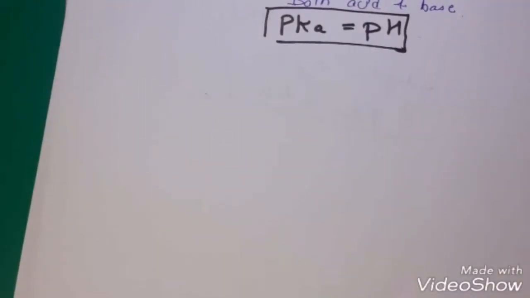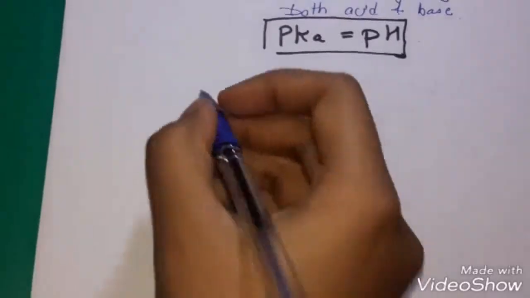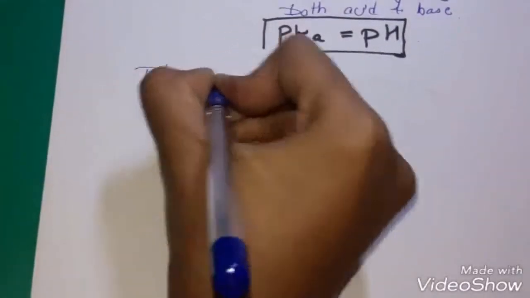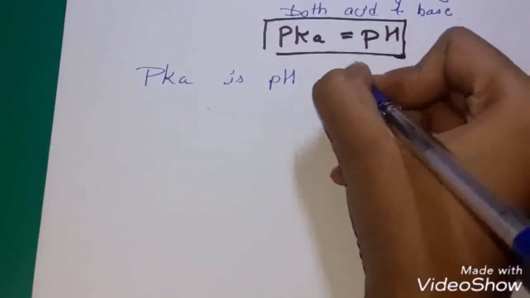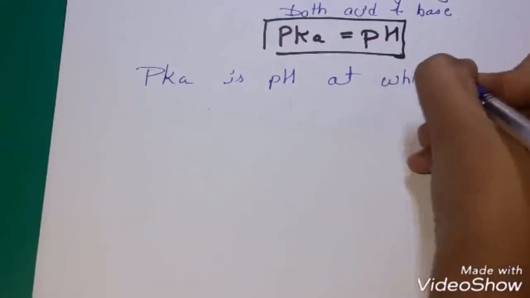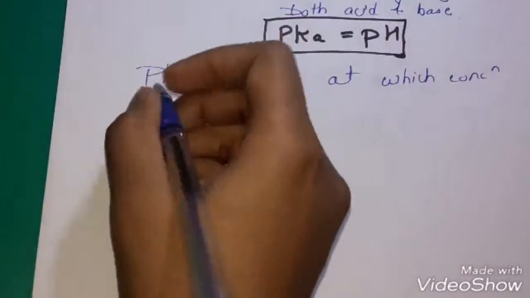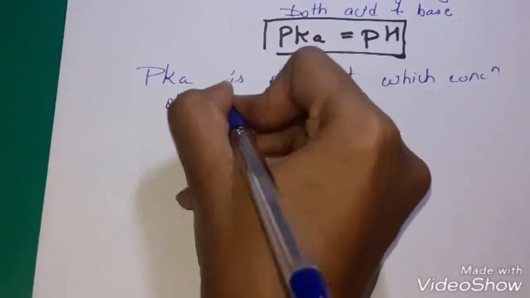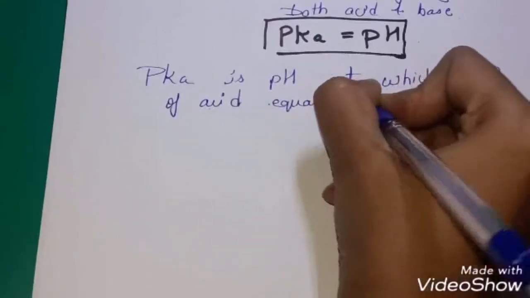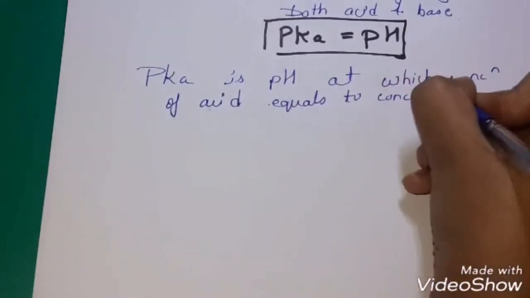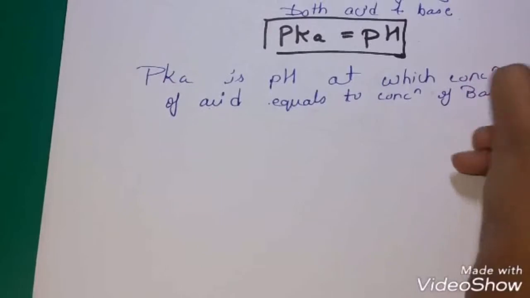So if we have to define the relationship between pK and pH, pKa is the pH at which the concentration of acid equals the concentration of base.